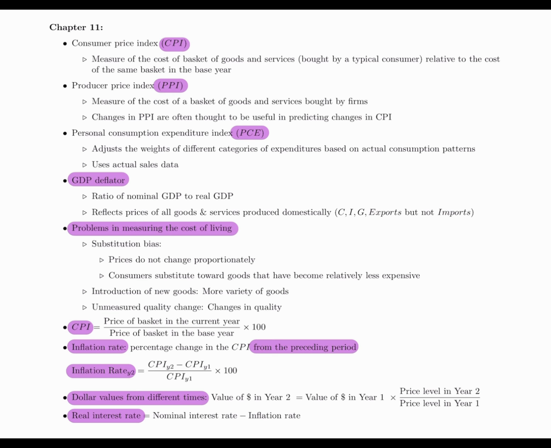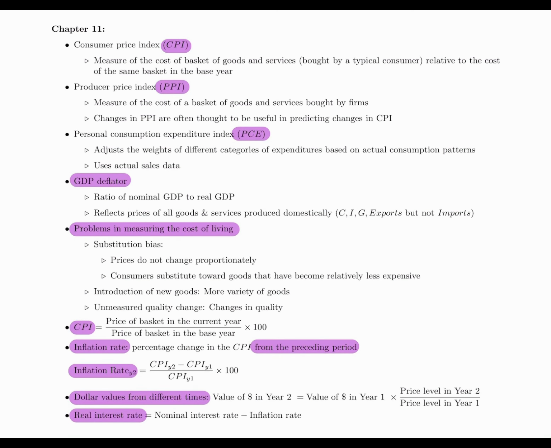Additionally, you should examine the problems in measuring the cost of living as listed, such as substitution bias, introduction of new goods, and unmeasured quality change. Most importantly, you should know how to calculate the cost of living, starting with the CPI, which is the ratio of the price of the basket in the current year to that of the base year.